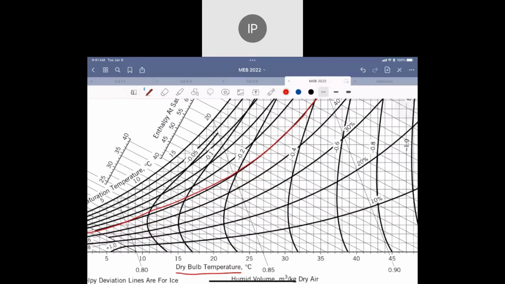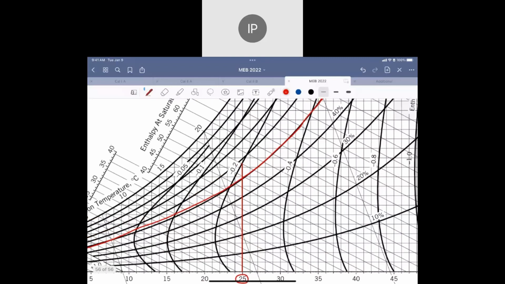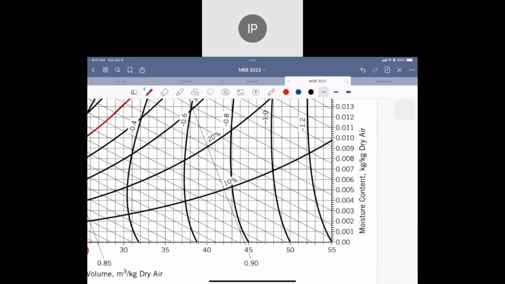So we could have this line here. Okay, and then if we have, for example, 25 degrees Celsius for the bulb or the dry temperature, this is what we have in this line, and we could say that we get the enthalpy. This is our enthalpy, and we could also look at the moisture we have here.